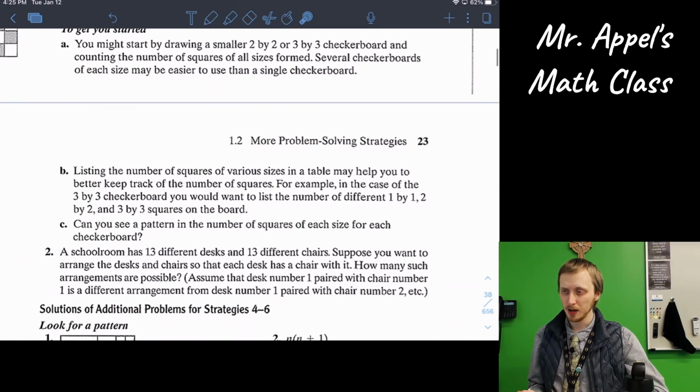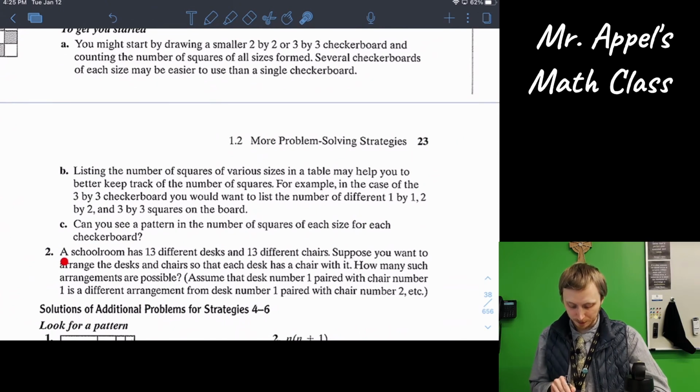And then our second problem: a schoolroom has 13 different desks and 13 different chairs. Suppose you want to arrange the desks and chairs so that each desk has a chair with it. That sounds reasonable for a classroom. How many such arrangements are possible? Assume that desk number 1 paired with chair number 1 is a different arrangement from desk number 1 paired with chair number 2.